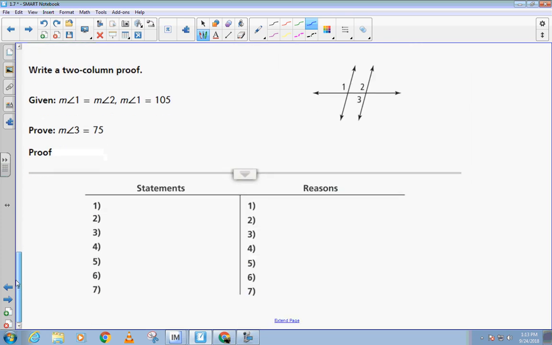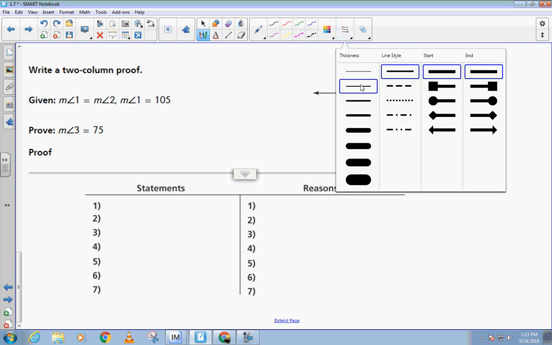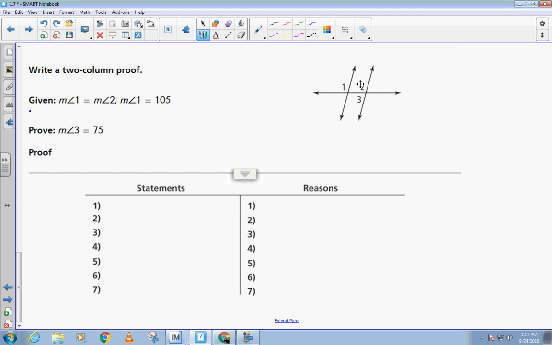Last one, I believe. This one's not too hard. When I did this last hour, I didn't use all the lines. This one tells us that angle 1 and angle 2 are equal to each other. It says that angle 1 is 105.